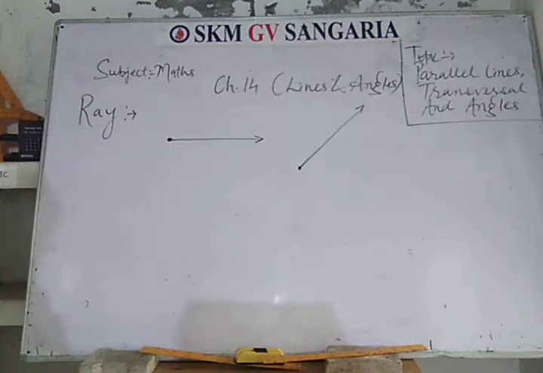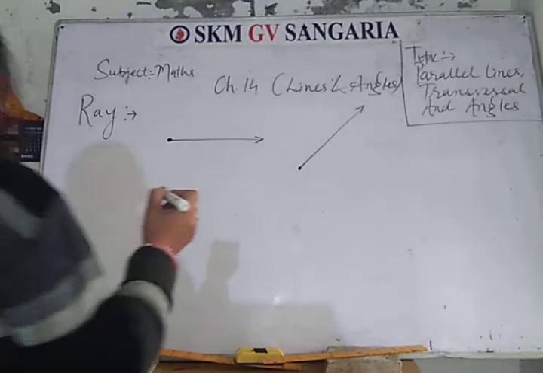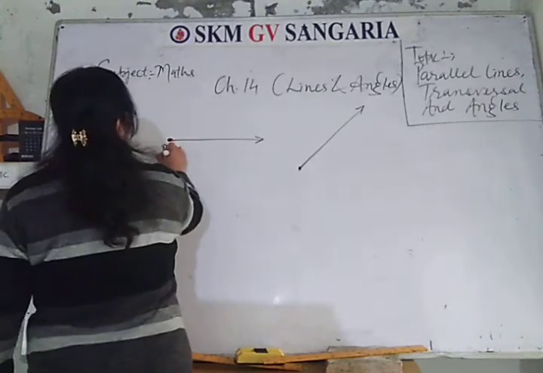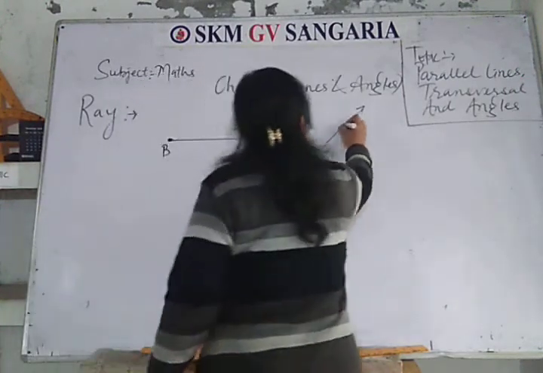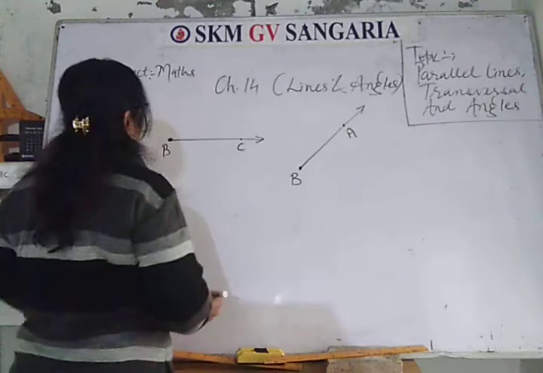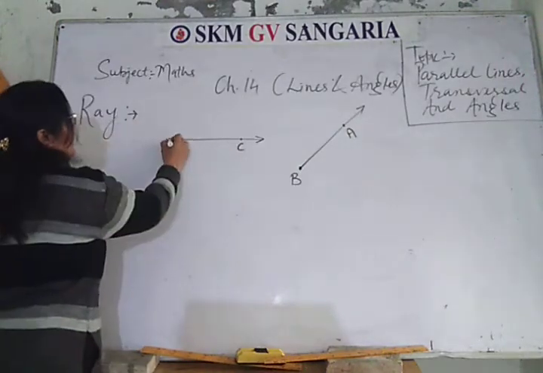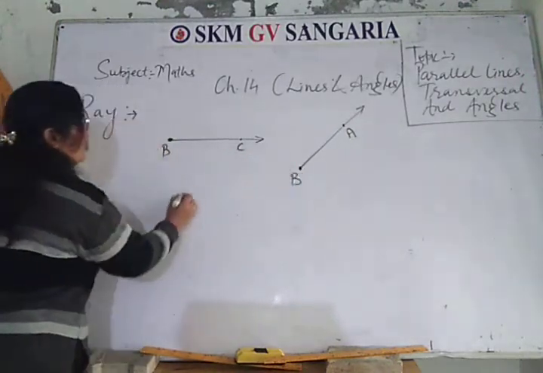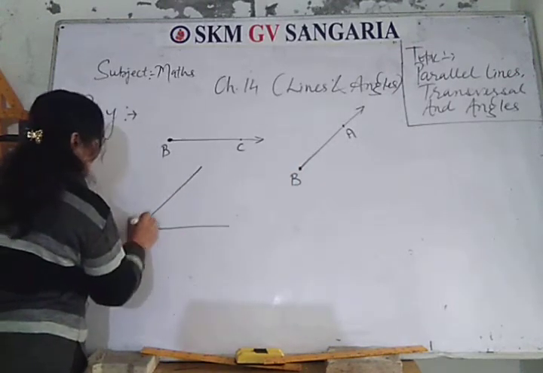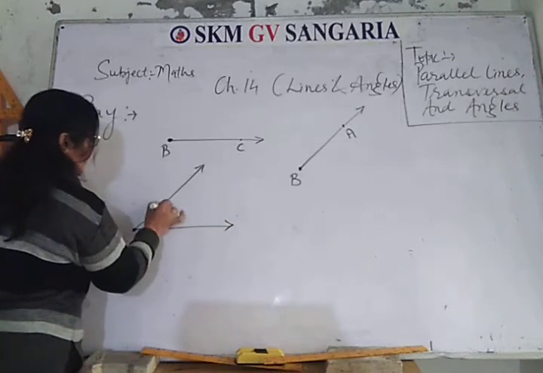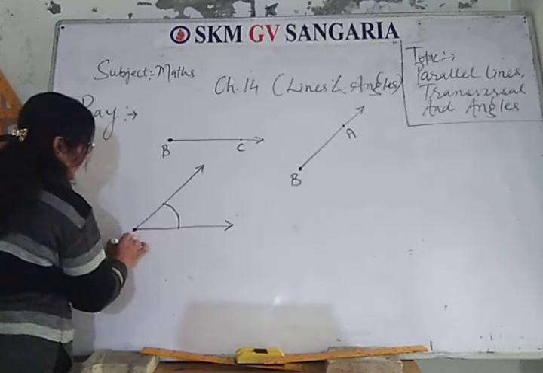When two rays have the same end point, when these rays are joined at their common end point, here the common end point is B, this is C, this is A, and both of these rays have a common end point.